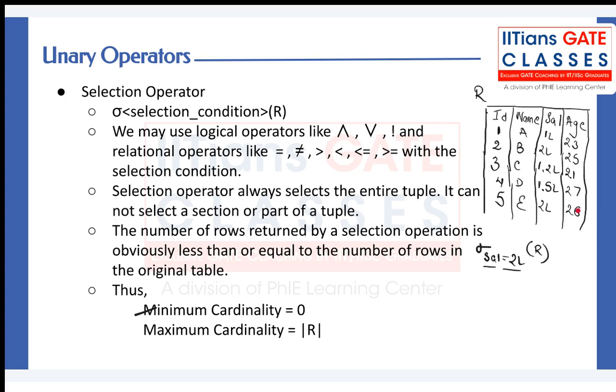I need the information where the age is greater than 23, not greater than or equal to, greater than 23. So you will write sigma, then age greater than 23 of R. Perfect. This will return you the tuples which have an age greater than 23.